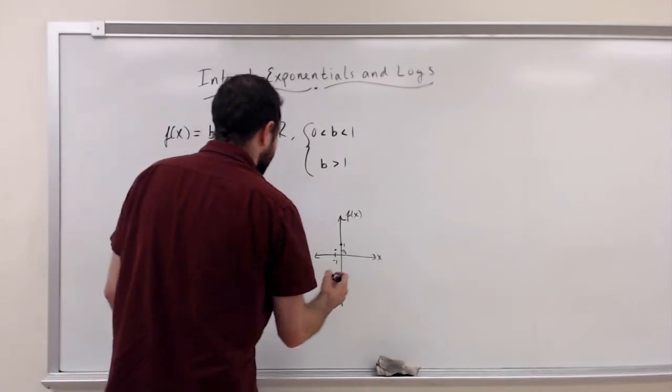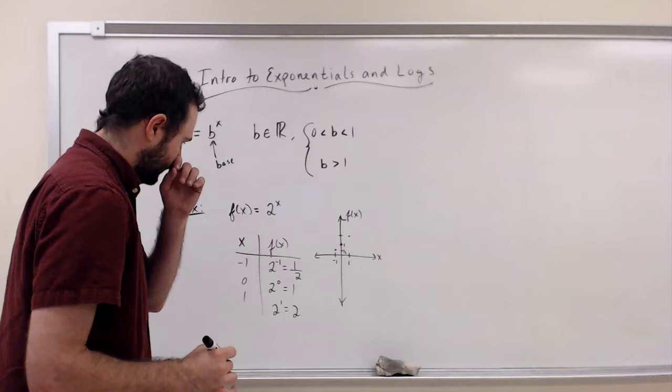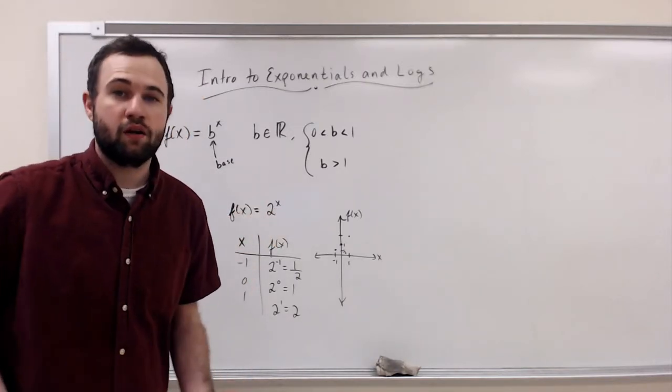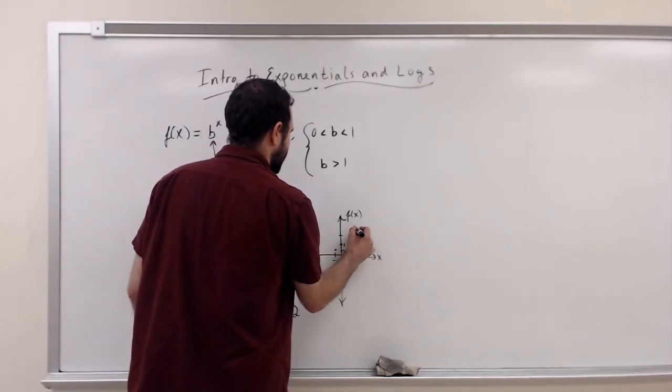And 1 maps to 2. It kind of makes sense here. As we plug in larger positive values, this thing's going to grow very quickly. And so we kind of expect something like this to happen.